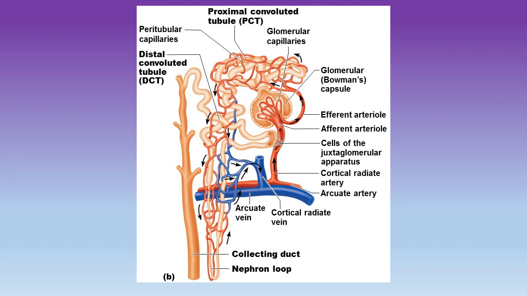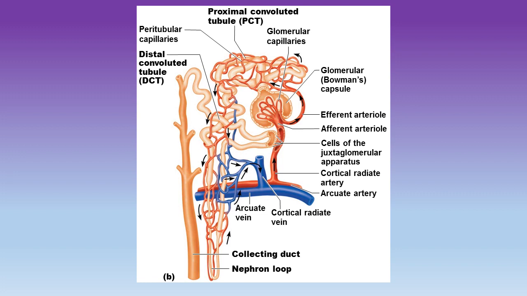You are now taking substances that you initially took out that's in the filtrate. So yes, it was in the blood. You took it out. It filtered out of there in the glomerulus. But now in the PCT, and this is where there's all kinds of regulatory controls to determine what's happening right now, some substances will be reabsorbed, meaning you're going to put it back into the blood. So it's going to go out of the PCT into the peritubular capillaries.